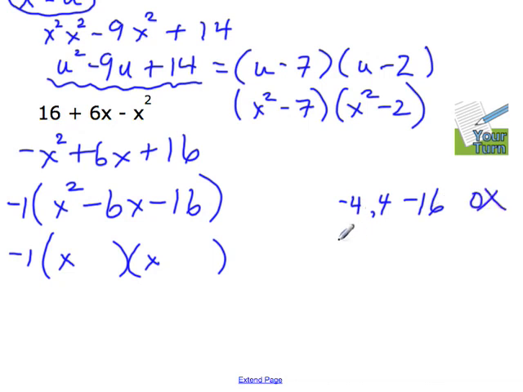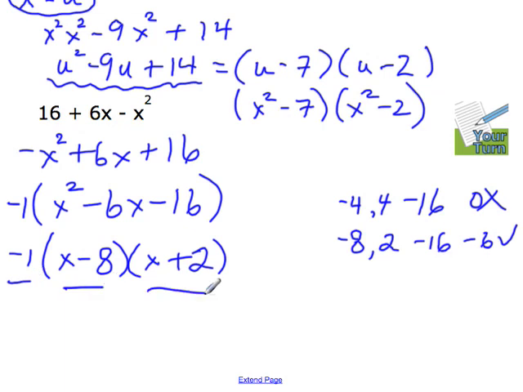How about a minus 8 and a 2? Minus 8 times 2 is a minus 16. Minus 8 plus 2 is a minus 6. Yeah, that's the one. So I need to put a minus 8 here and a positive 2 there. Now there are my three factors of this original polynomial. If I were to multiply everything together, I would come up with that.